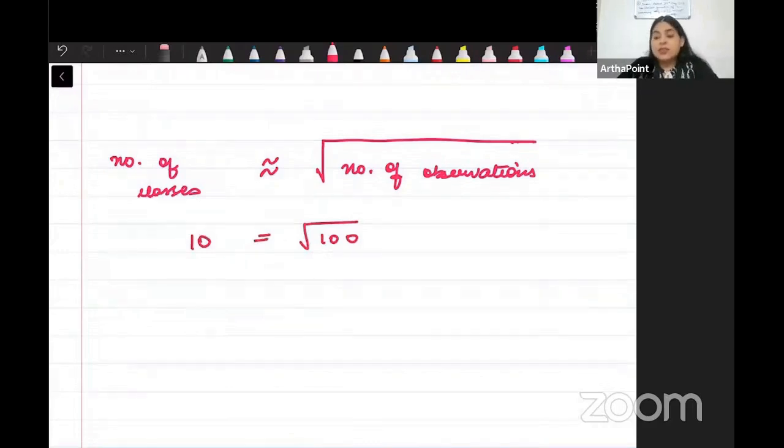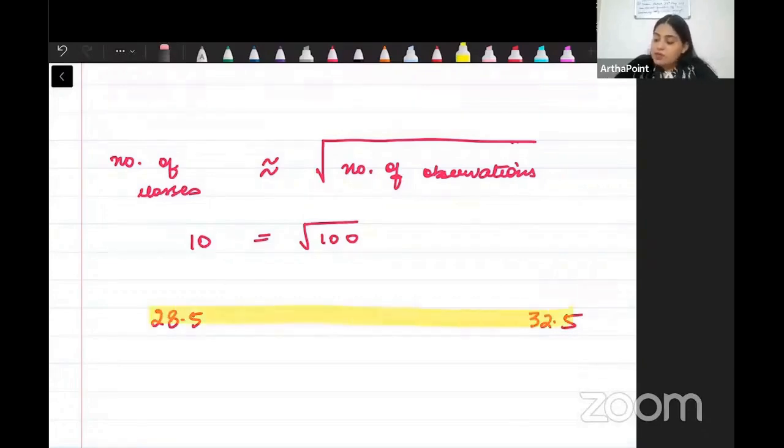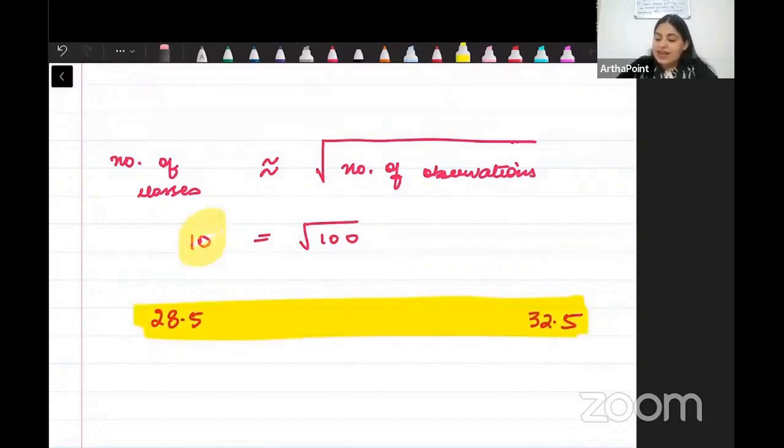So 10 classes मतलब कि जितना भी मेरा data set है, 28.5 first value है suppose, and 32.5 last value है, इनके बीच में मुझे ऐसे divide करना है that I get exactly 10 equal classes, right? So how many classes will you define? It will be the square root of the number of observations, right? Is this clear?